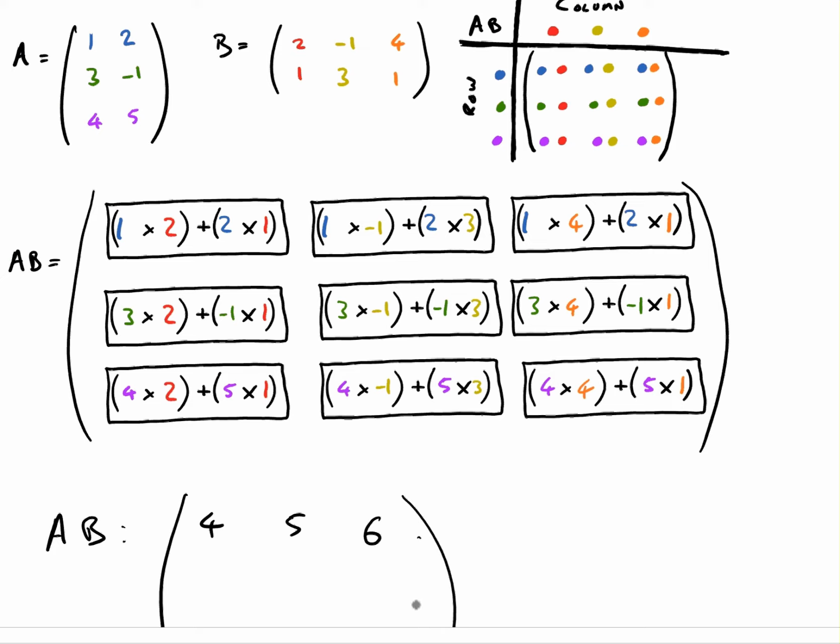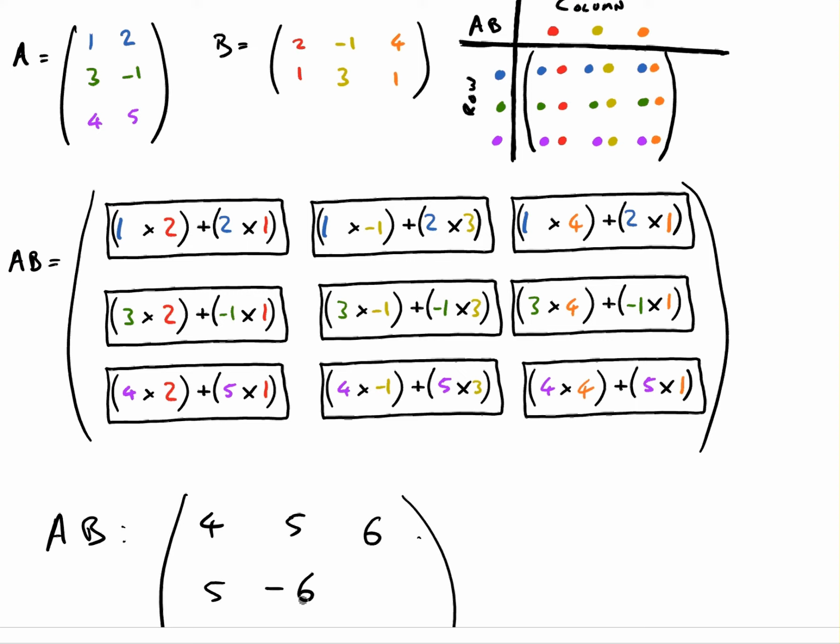Now second row. First column. We got 3 multiplied by 2, which is 6, plus minus 1 times 1, which is minus 1. So we got 5. And then it's still second row, but this time it's second column. So we got 3 multiplied by minus 1, which is minus 3, plus minus 1 times 3, which is minus 3.